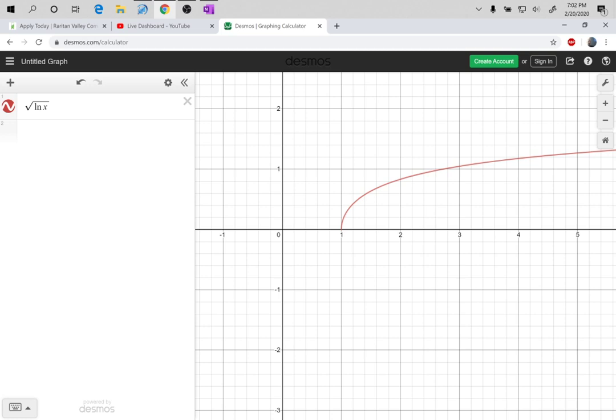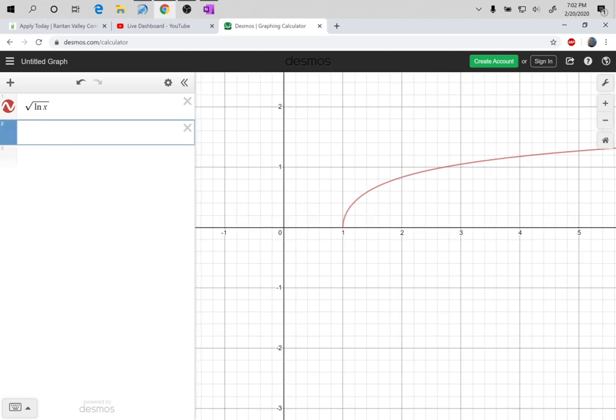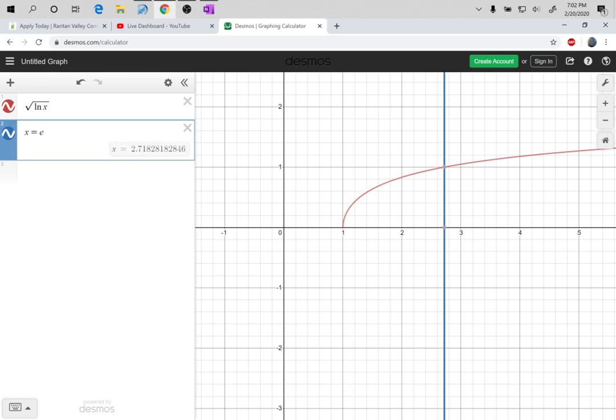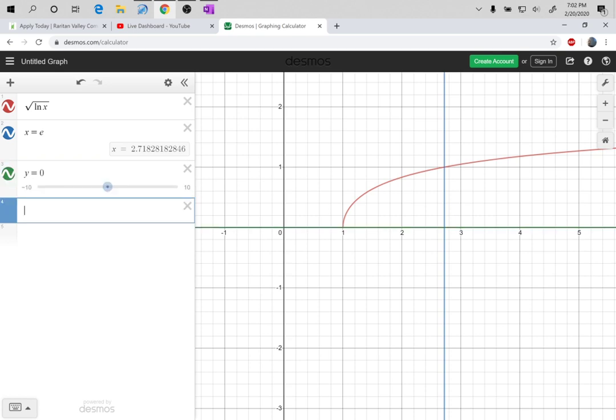Now we can also graph x equals e, hopefully. There we go. And for the x-axis, if you want to see the region that is bounded, it's going to be y equals 0. And that's the green line on the bottom.